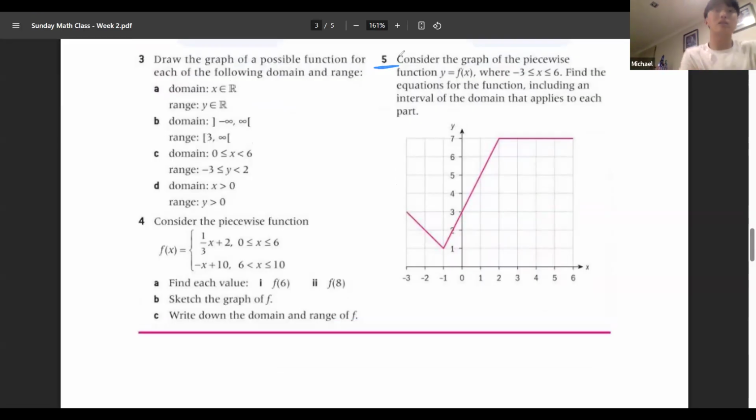Once you get the equation, send it in the chat. You can send it one by one, and I can help you check it. There's going to be 3 equations for 3 lines, and lastly, you put them together with their intervals. If there are any questions, ask me anytime.